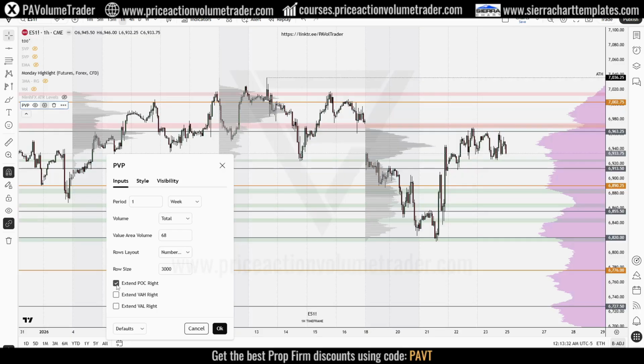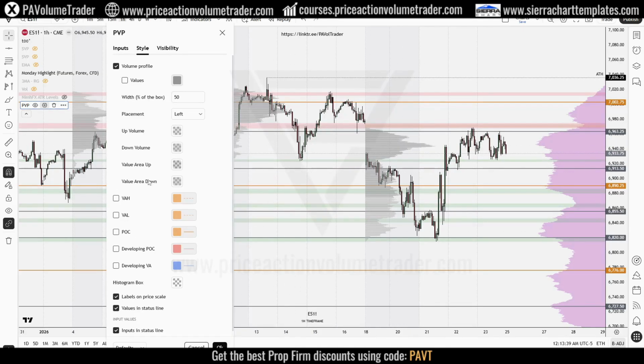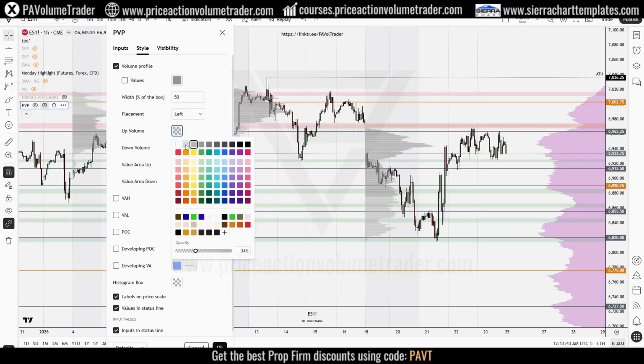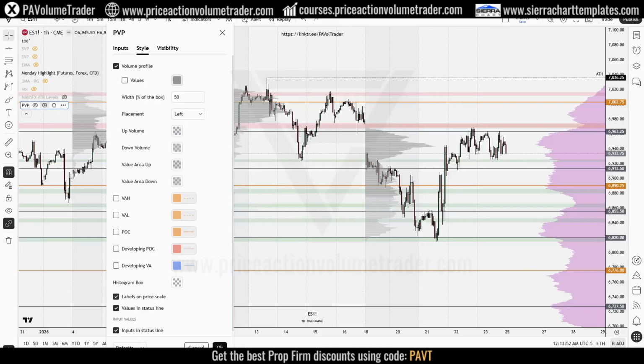I don't mark or extend the point of controls or value areas, but you can see on the shadings I can make this a little less. I have in dark gray the 68% value area, and then in lighter gray the areas outside of the value.